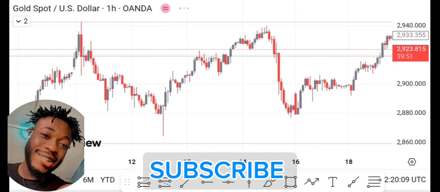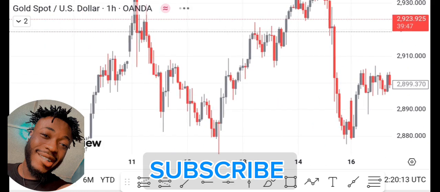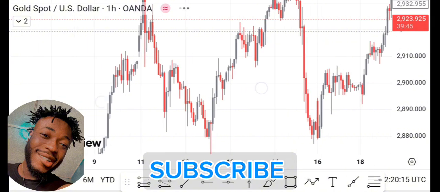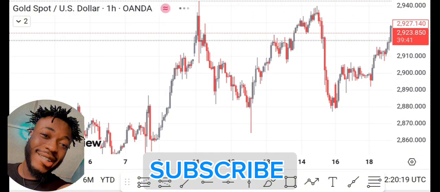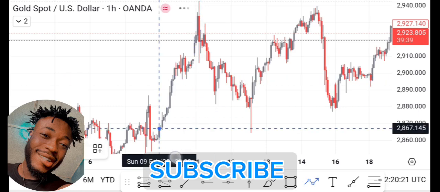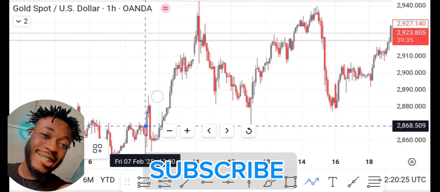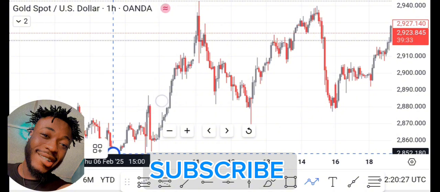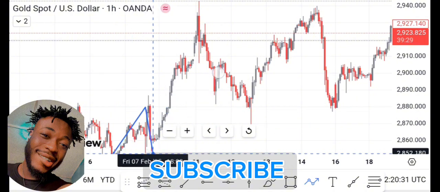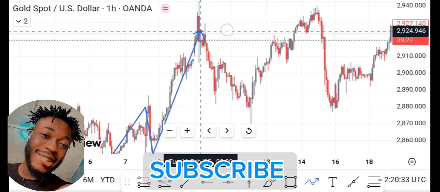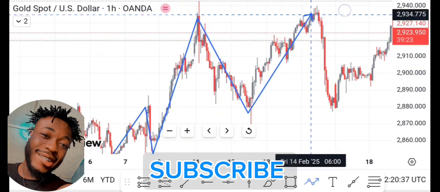So now, in this case, what do we notice here? Price has been giving us a series of high, low, high, low, failed to form a higher high.